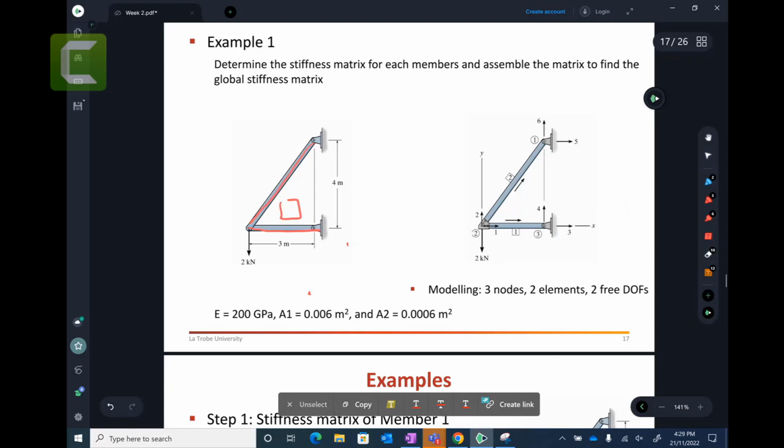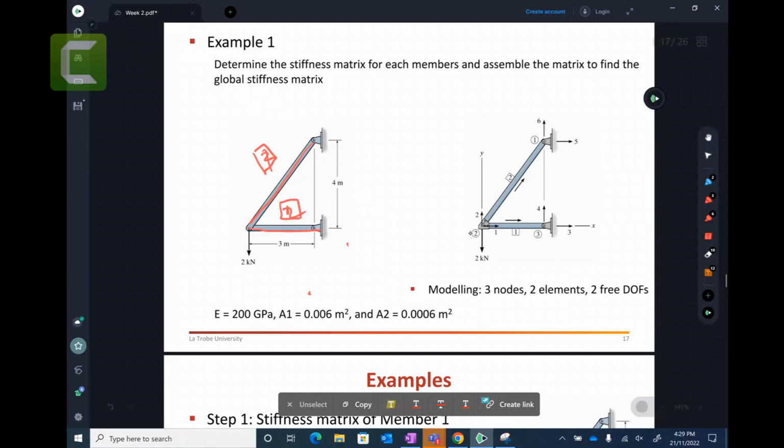So the number in the square represents the element numbering. 1 and 2 represent how many elements you have, how many members you have. Arbitrarily, the user defines, you can put 1 here, you can put 2 here, and so on. That doesn't matter, but we just want to know how many members there are. Therefore, there is a number in the square representing element numbering 1 and 2.